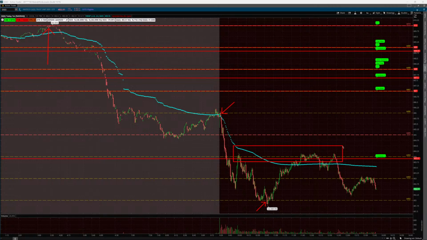That combo level combines NDX and QQQ gamma weighted open interest into one level here shown in terms of QQQ price.